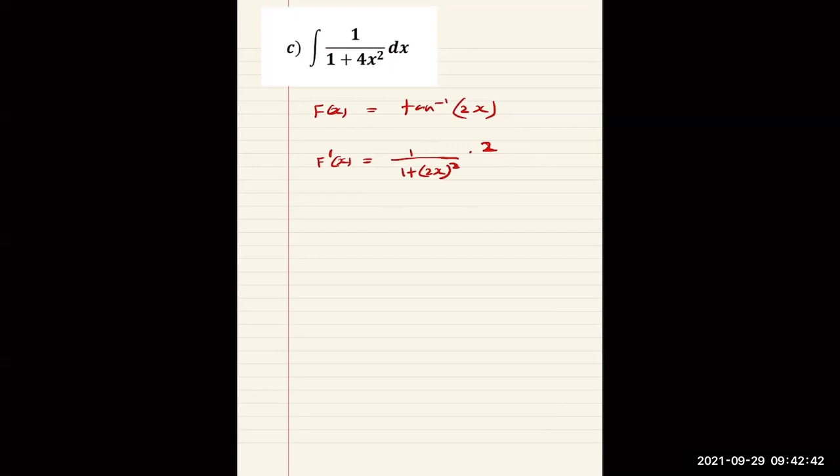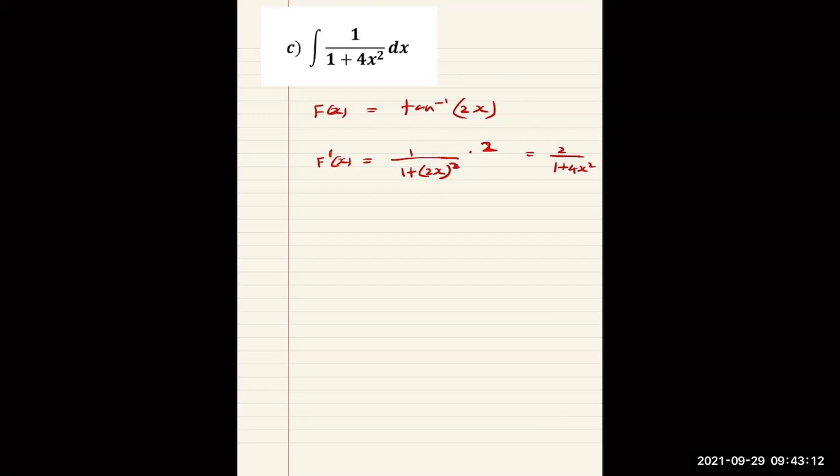That's not what you want. You need 1 over 1 plus 4x squared, but we have an additional 2 in the top. How do I modify this original function to get rid of this 2? All I need to do is put a 1/2 in front of this function and then take the derivative. That will give you 1 over 1 plus 4x squared.